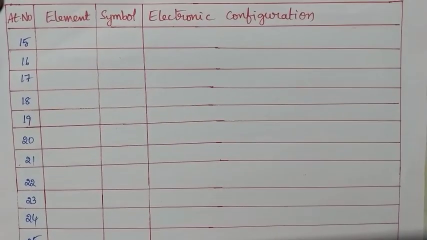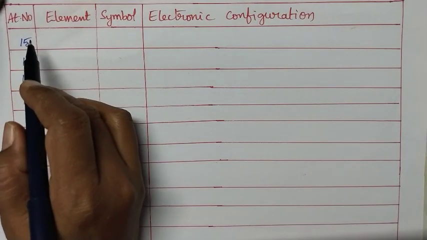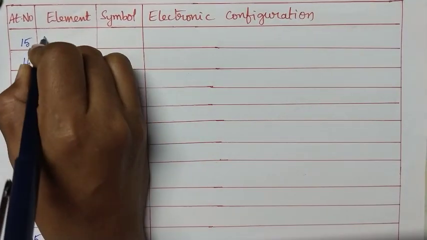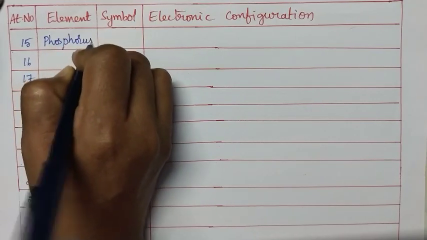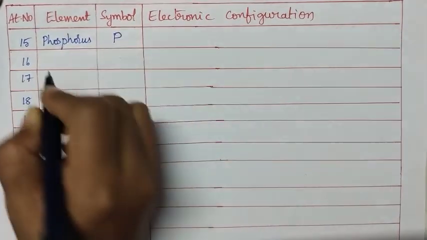So coming to the atomic number 15, the element is phosphorus and its symbol is P.